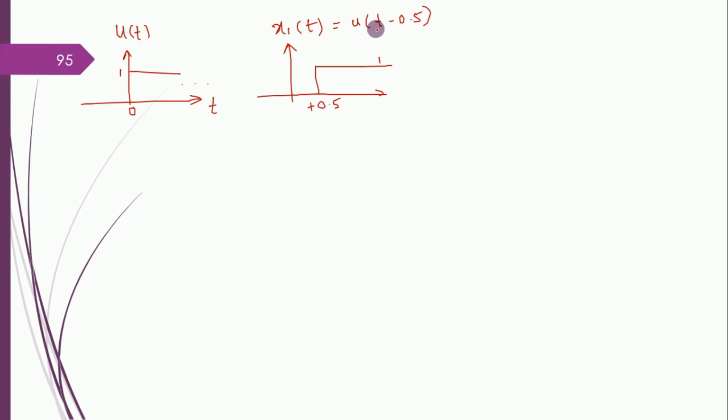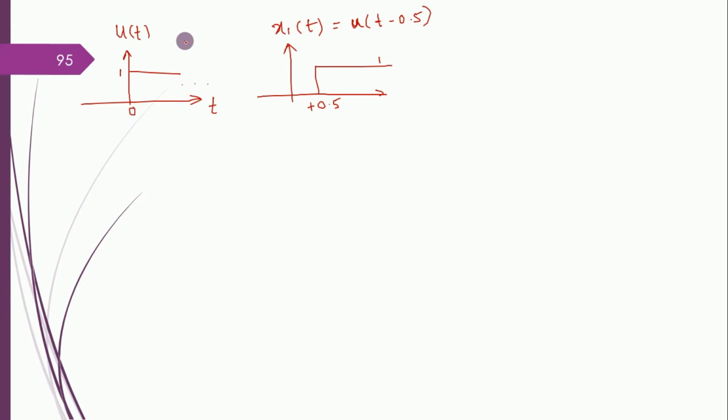We learned about time shifting in the previous sessions. This is u of t. u of t minus 0.5 means the original signal is shifted to the right by 0.5.